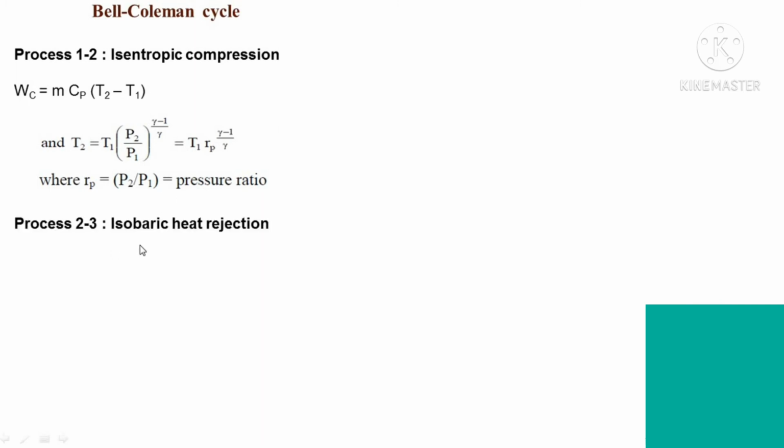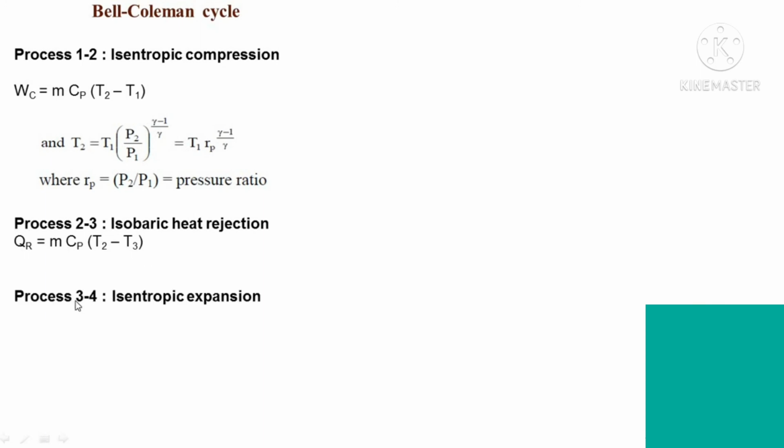You have to take the T1 to this side, so that we get T2 equal to T1 times (P2 upon P1) raised to (gamma minus 1) upon gamma, and P2 upon P1 is the RP, that is known as pressure ratio. Now consider the process 2 to 3 is the isobaric heat rejection process, in which heat is rejected at constant pressure, that is given by QR equal to mCp (T2 minus T3).